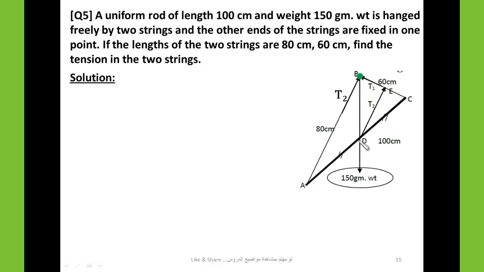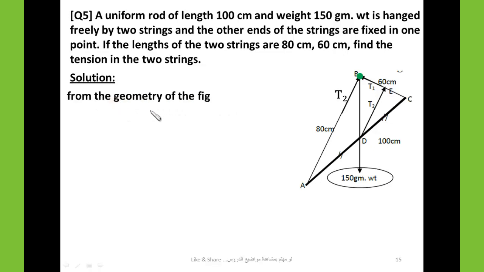Again, since DE is parallel to AB and D is the midpoint of AC, E is also the midpoint of BC, so BE equals 30 centimeters. Now we know the lengths of the three sides of triangle DEB, and we can solve it using the triangle of forces rule.